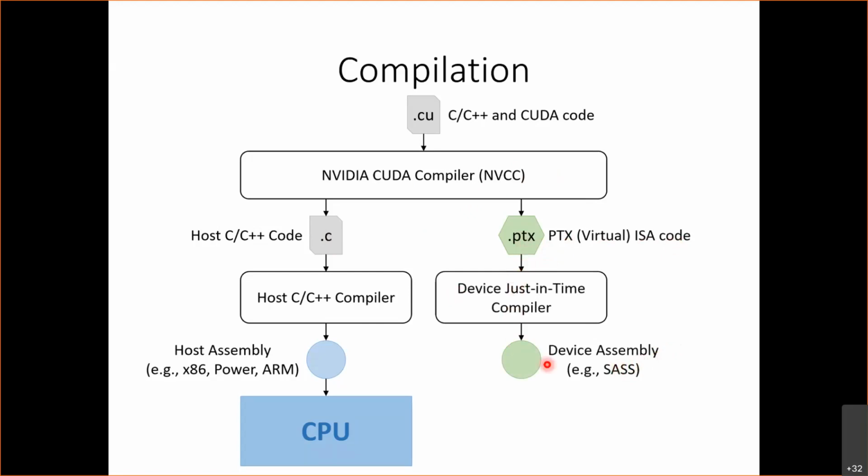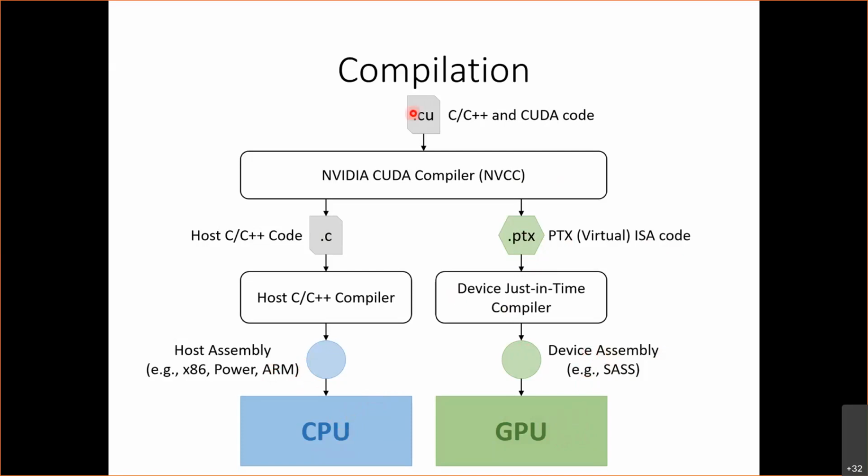And then finally, this device assembly code is going to be run on the GPU. And what will happen is, when my CPU code calls the kernel, the CPU code is going to somehow go and call this device assembly code on the GPU to run on the GPU.